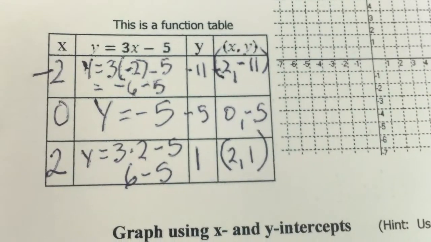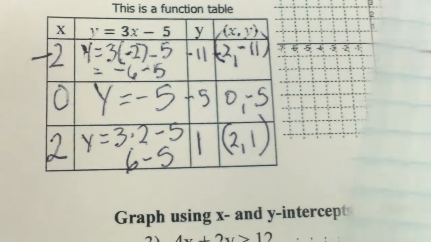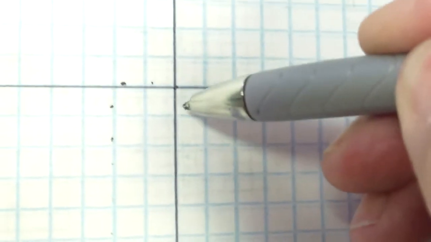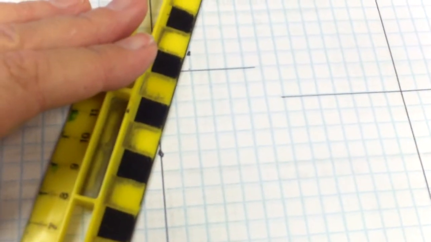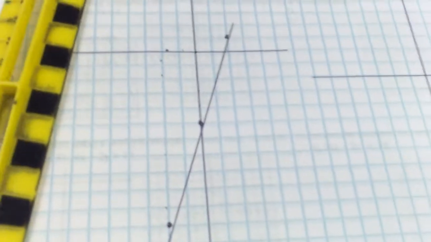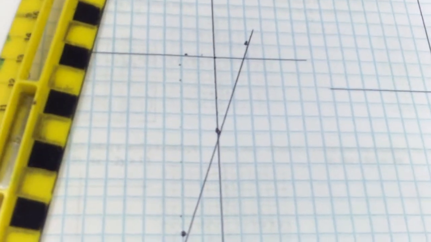And then I'm going to graph the point 0, -5, and 2, 1. 0, -1, 2, 3, 4, 5, and 2, 1. And if you'll notice, those 3 points are in a pretty nice straight line, aren't they? So we graphed those using a function table and 3 random x values. And that worked just great.